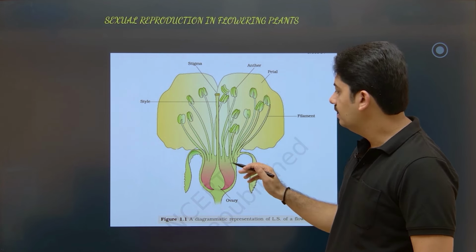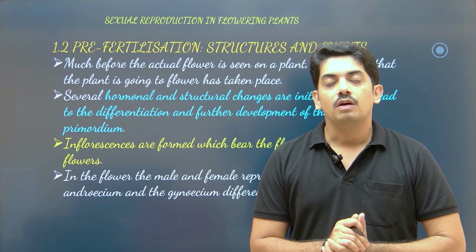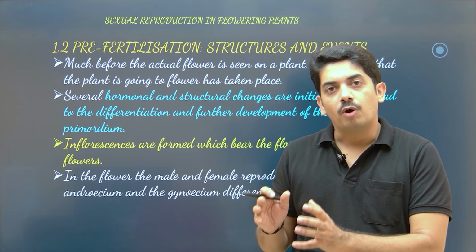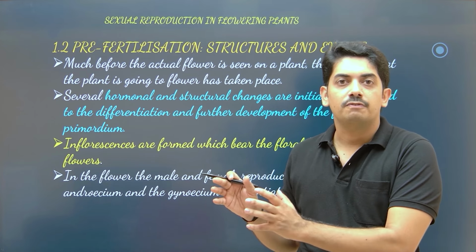Now tell me, what is fertilization actually? Fertilization is nothing but the fusion of male and female gametes. Now the process of formation of male and female gametes, we call it pre-fertilization structures and events.